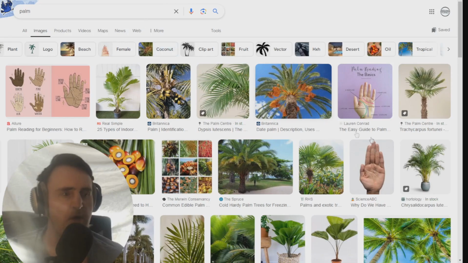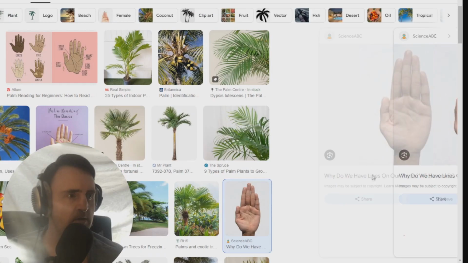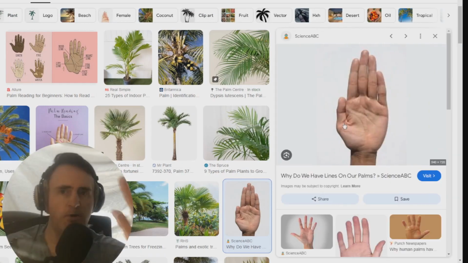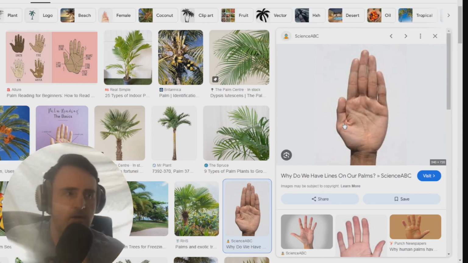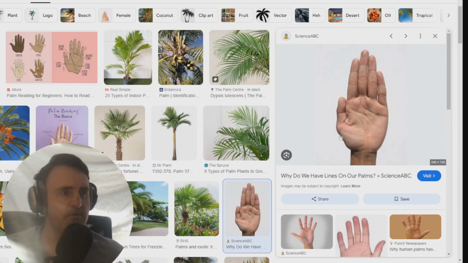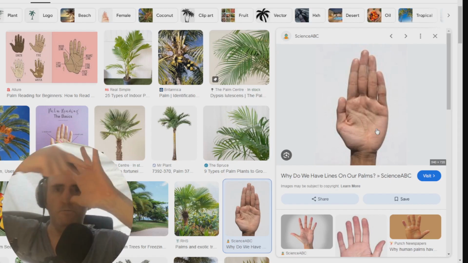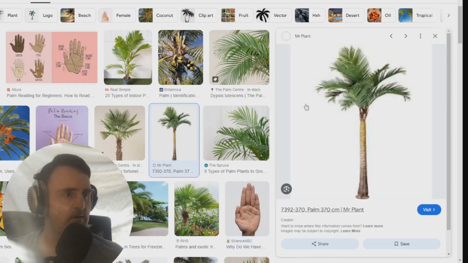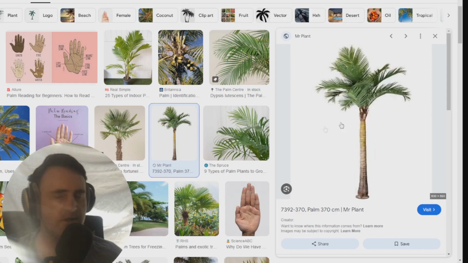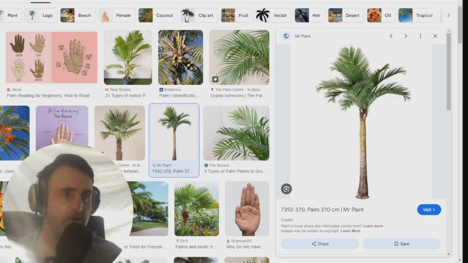And then we have palm. So this part of your hand, that's your palm, the middle bit, the circle. That's your palm. And then this is a palm tree. Totally different, but same word, sounds the same.